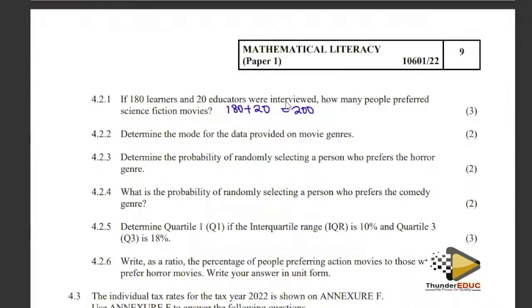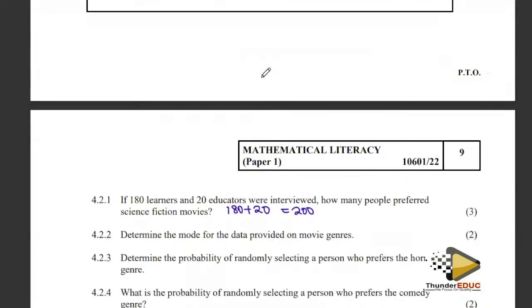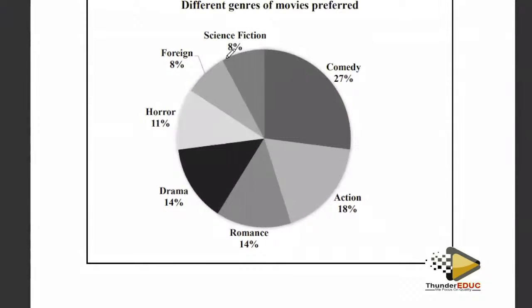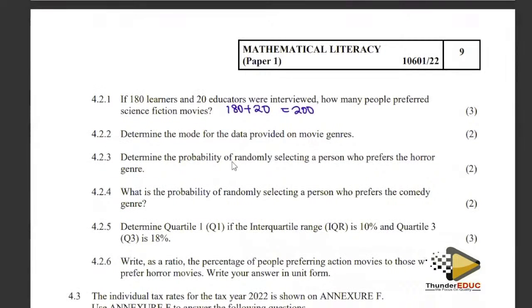Of the 200, what percentage preferred science fiction? We shall look at the graph for science fiction. It's 8%. So we shall multiply this percent. So how many people are they? We shall say 16 people.